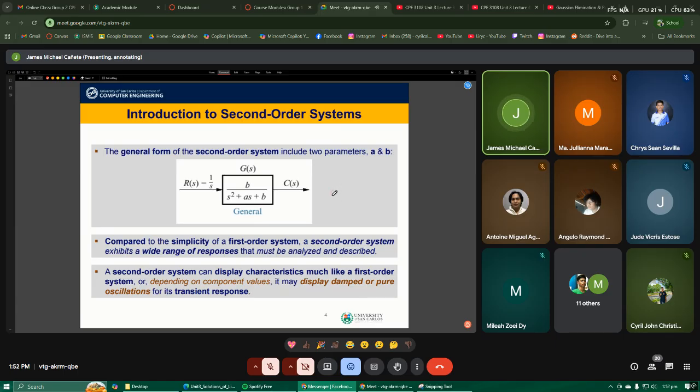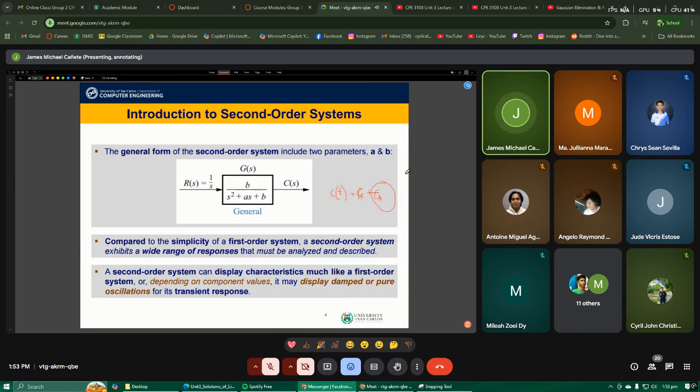Remember, c of t is equal to the forced response, c sub f, plus c sub n, or the natural response, transient response. So we'll be focusing on the natural response.